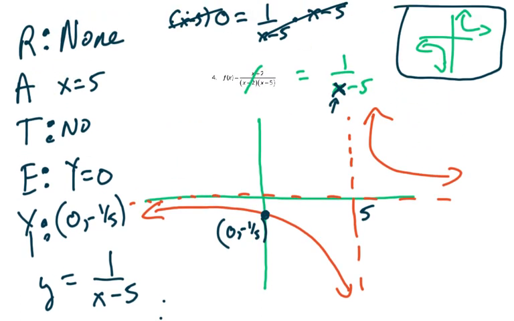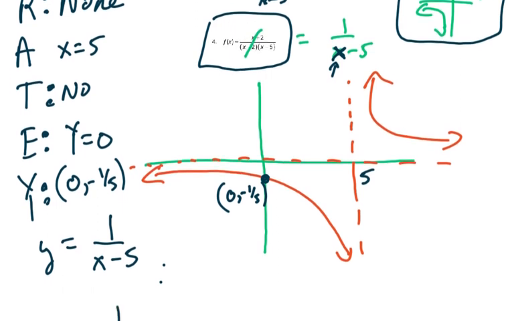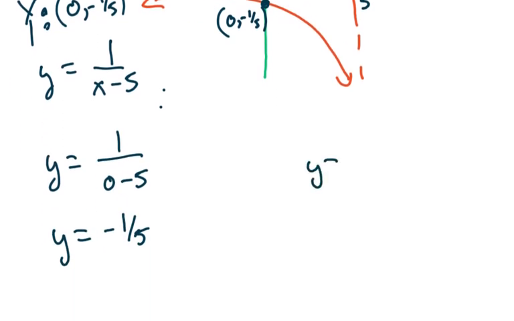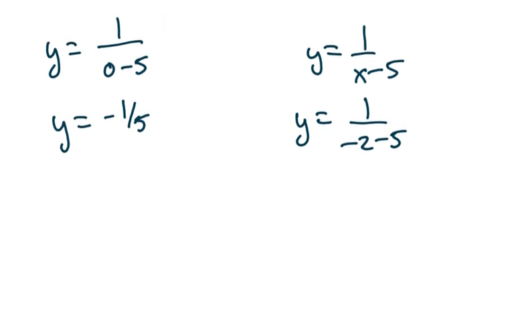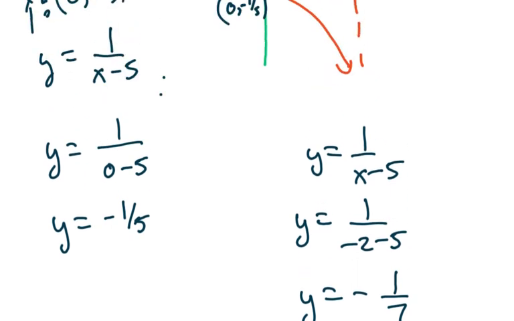Last bit, we want to put the hole, right? So remember that when we originally looked at this question right here, x equals negative 2. So at negative 2 we have a hole. So I'm going to take y equals 1 over x minus 5, and plug in negative 2. And I'm going to get y equals negative 1 over 7.